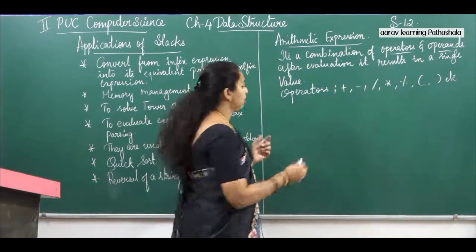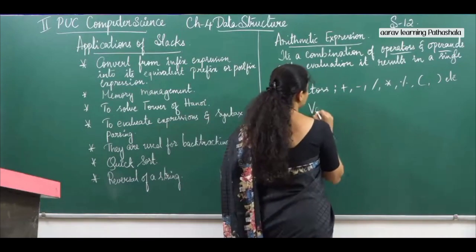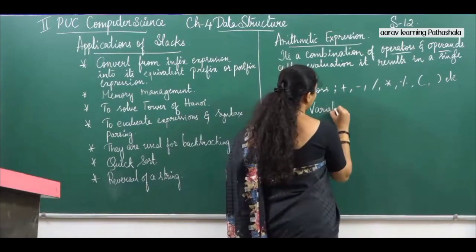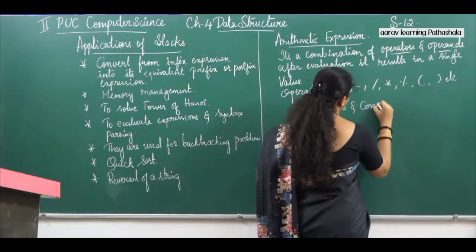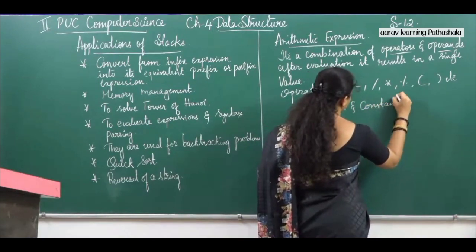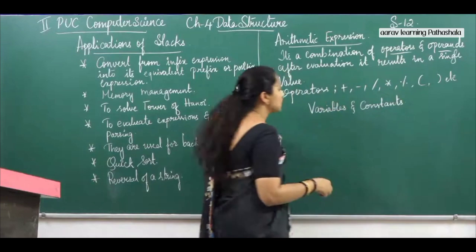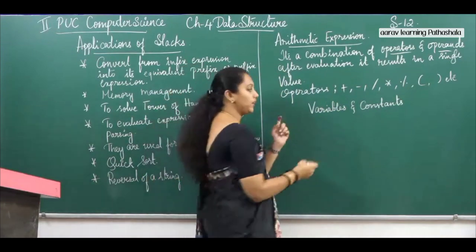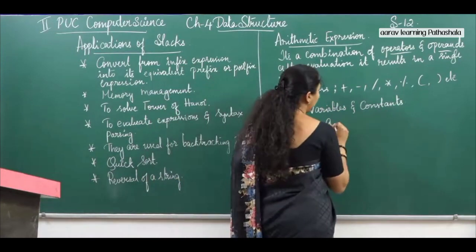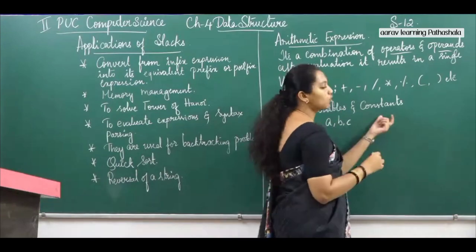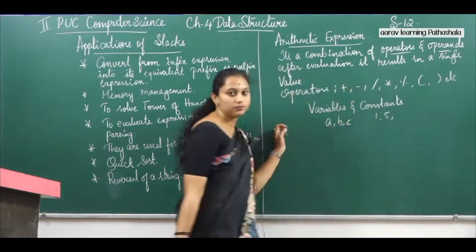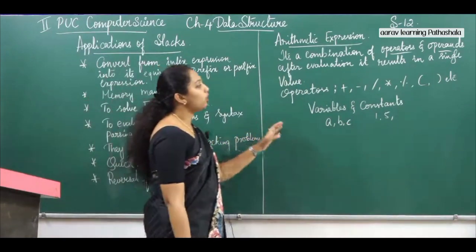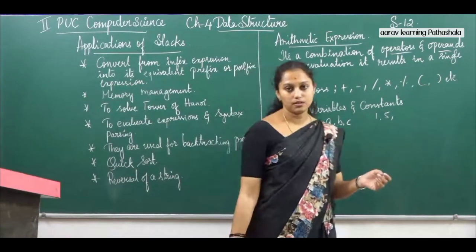Operands include variables as well as constants. When it comes to variables, they may be alphabets. When it comes to constants, they may be numbers. So this is about operators and operands.